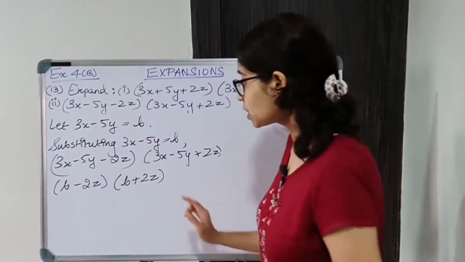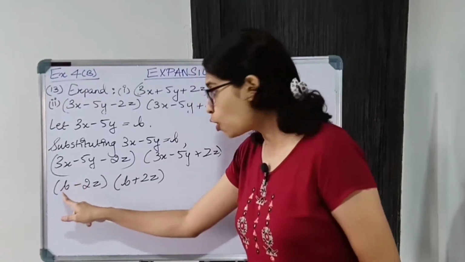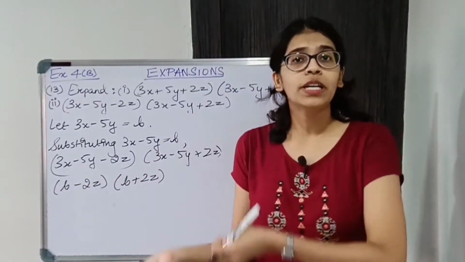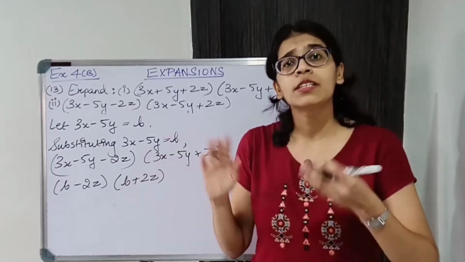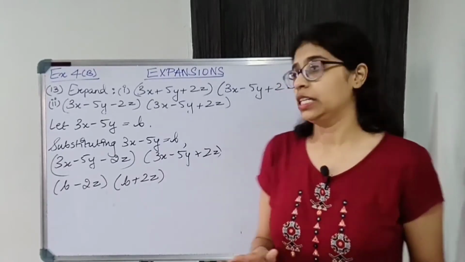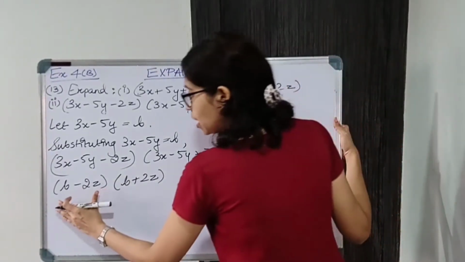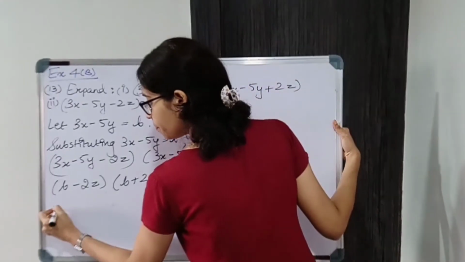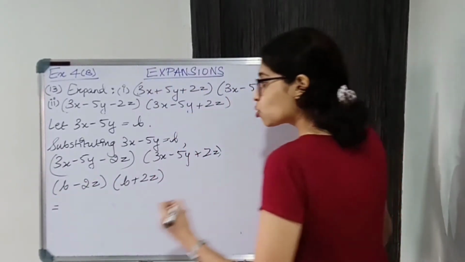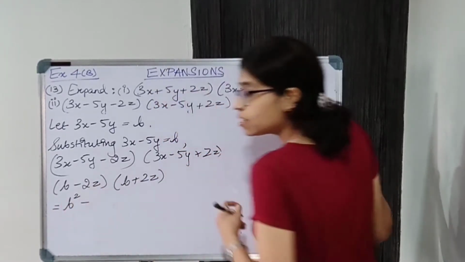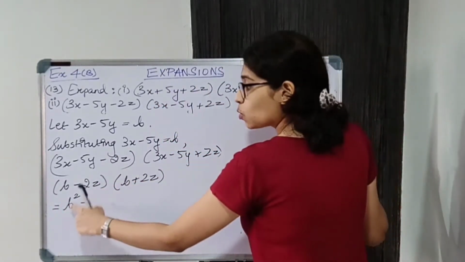Now, this is again of the form a minus b into a plus b. A minus b into a plus b or a plus b into a minus b is in short a square minus b square. So this is a square minus b square if we expand it. So a square, that is b square, minus a square, b square.